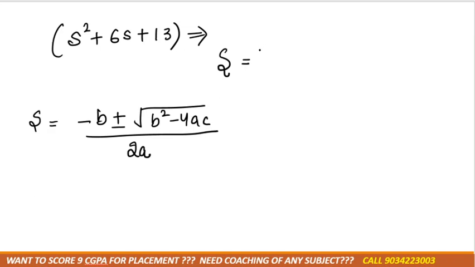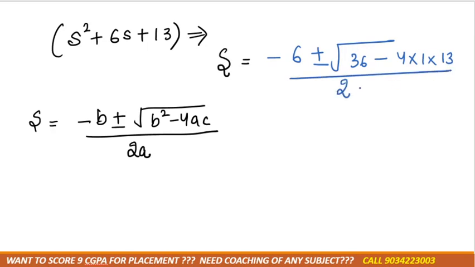In this, s is equal to minus b plus minus root of b square minus 4ac, that is minus 6 plus minus root of 36 minus 4ac, where a into c is 13 divided by 2.